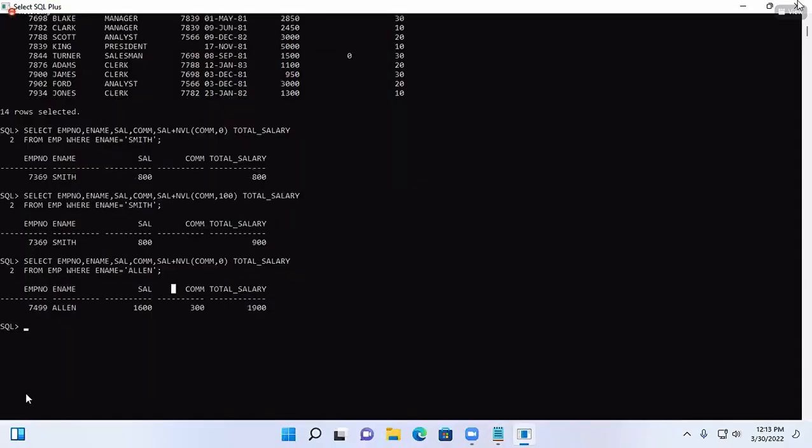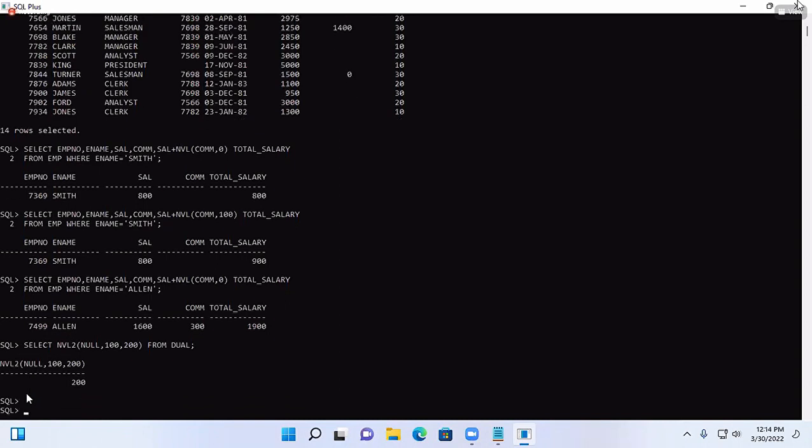Now I'm going to pass NVL2 of null comma 100 comma 200, for example. Now what is your expression 1? Null. Expression 1 is null, so what does it return? The expression 3 value. How much? 200. Let's see, 200 returns, yes or no?